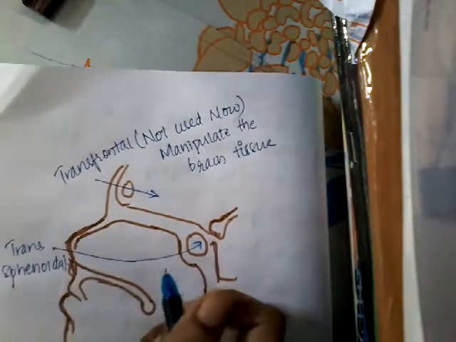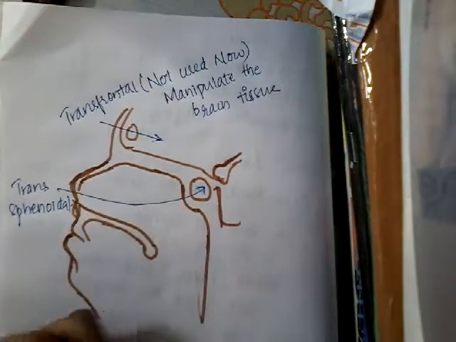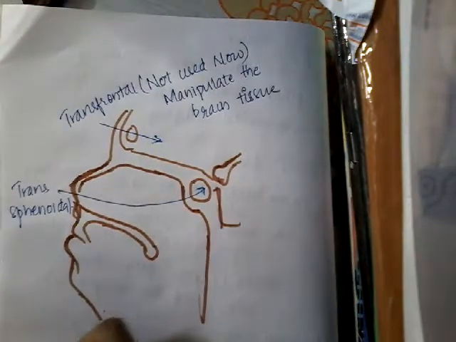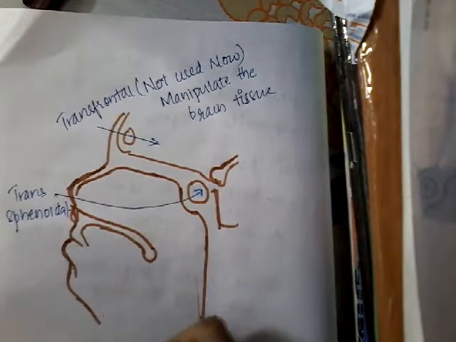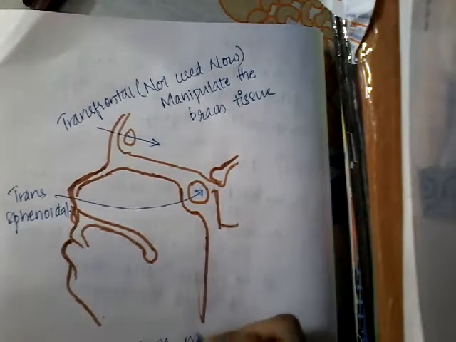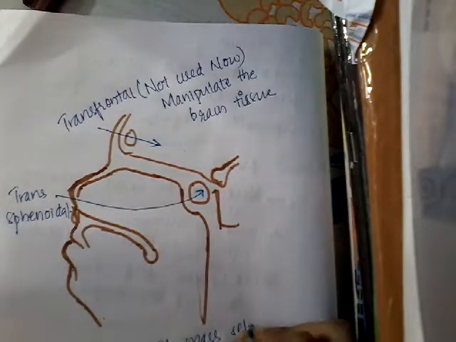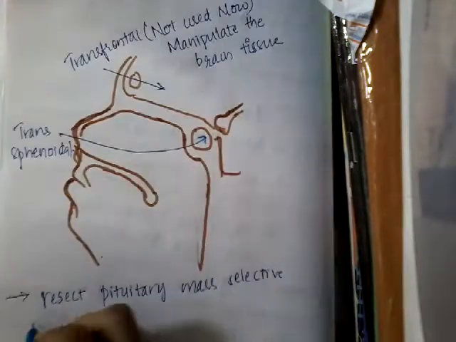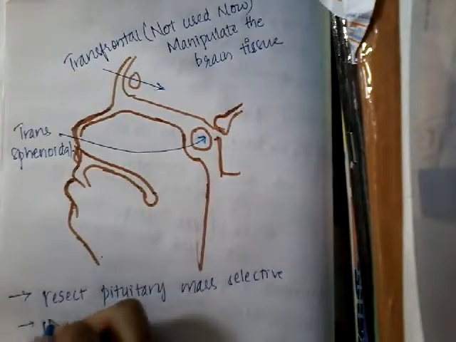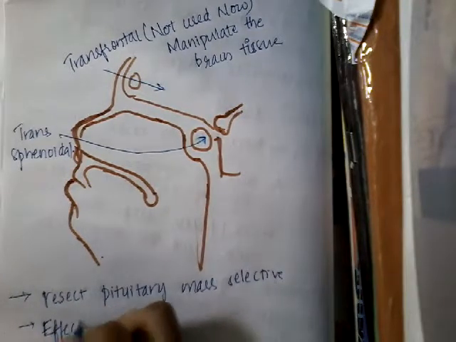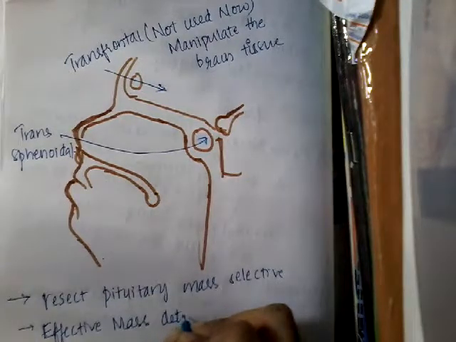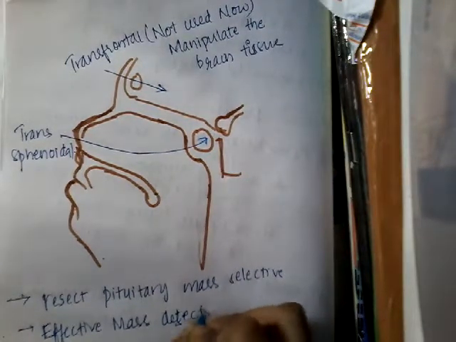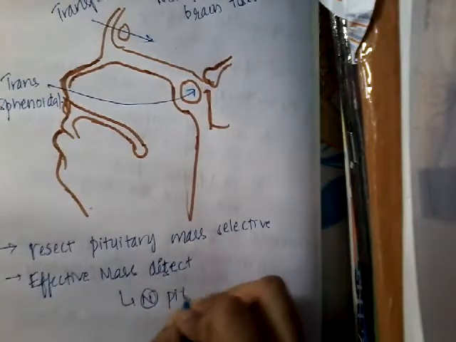Here we'll resect as much of the pituitary tumor as possible. We will resect the pituitary mass selectively, but if we have to, for effective mass dissection, we will have to dissect the normal pituitary tissue.